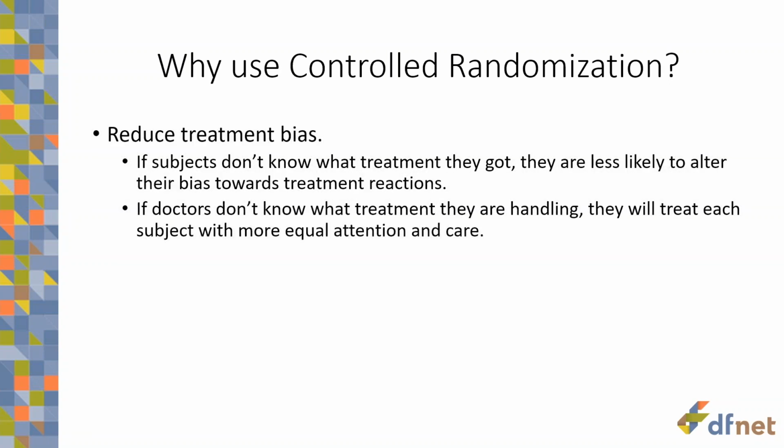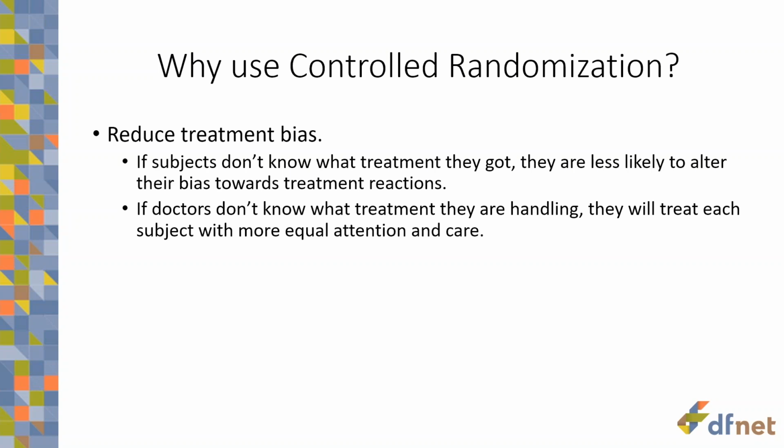So why use controlled randomization? The primary reason is because it reduces treatment bias. If the subject doesn't know what they're getting, they might not have a bias towards their reaction. So if you are told that you're getting a placebo drug, you might react differently than if you're told you're getting this unknown treatment.